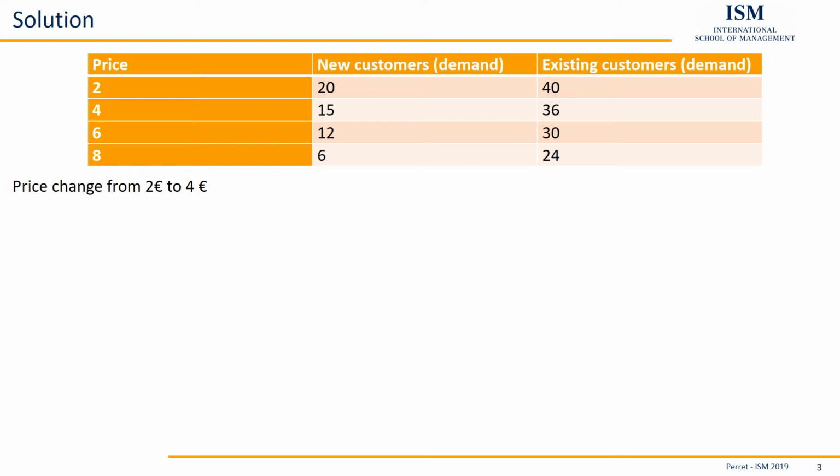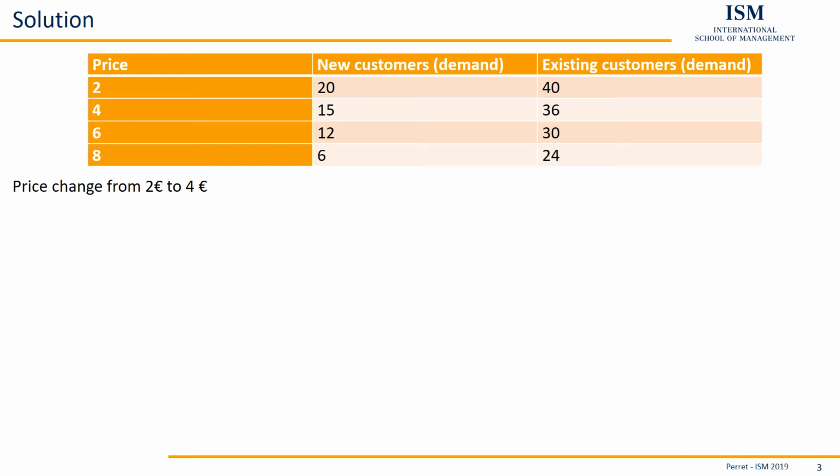So with regards to the new customers, we have an old demand of 20, new demand of 15. So we go 15 minus 20 divided by the average of both of them, that's 17.5. And then we divide this by the same part done with the prices.